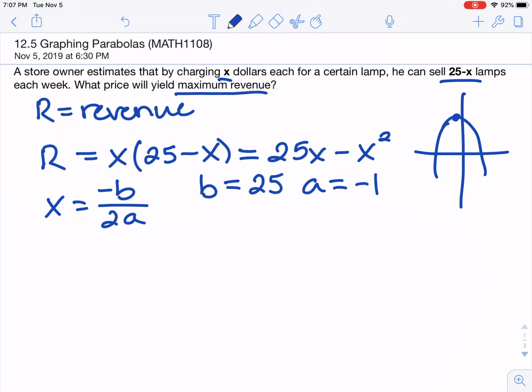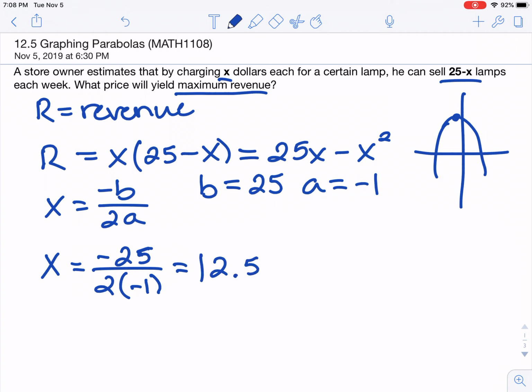So in that case, if we plug in, x will be equal to negative 25 over 2 times negative 1. And that's going to simplify to 12.5. Now this x represents the price which gives us the maximum revenue.